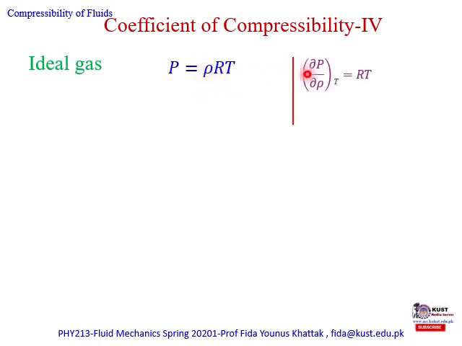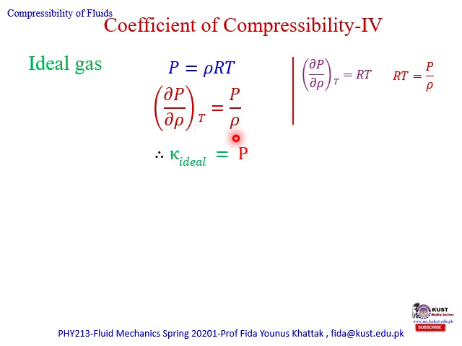If we write down the changes in the pressure with respect to the change in density at constant temperature, from this relation we can write this down as RT. And we also can write down from this relation that RT is equal to P over rho. So that would mean that the variation in the pressure with the variation in density at constant temperature is equal to P over rho.